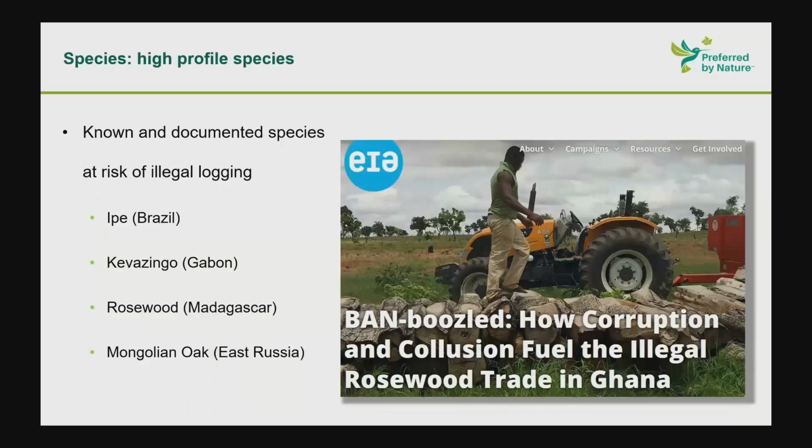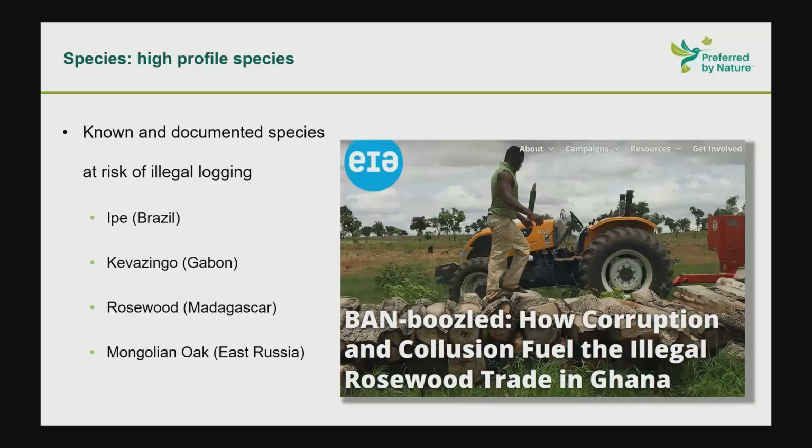Now we have a few species which are high profile. We should again just raise a red flag and say, oh, you need to be more careful with the species, because the cases of illegal logging of the species are plentiful and have been quite seriously documented over and over.